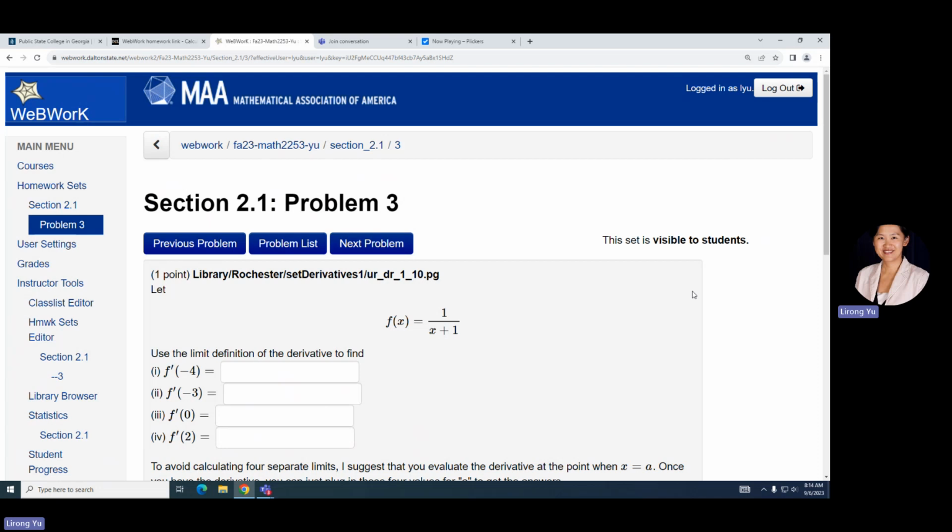So we're gonna write down the function first, and then we write down the calculation of the derivative. So this is the function. Let's first find the derivative function. Then we're gonna plug a number to the derivative in order to calculate the slope.